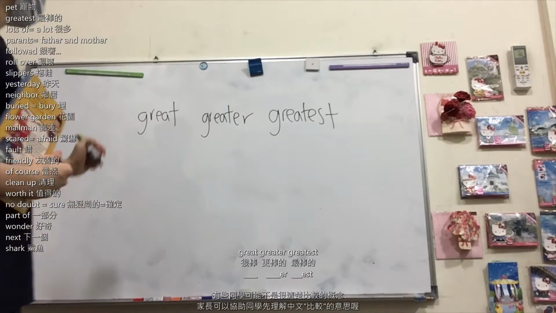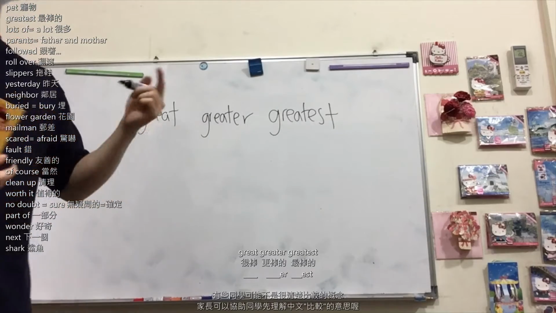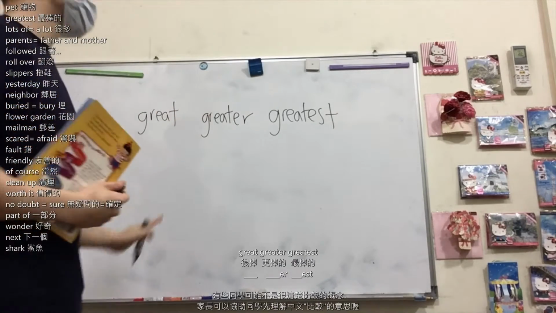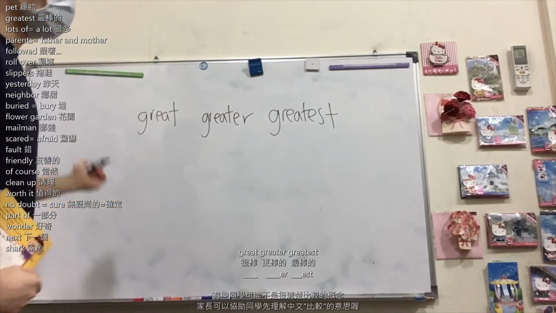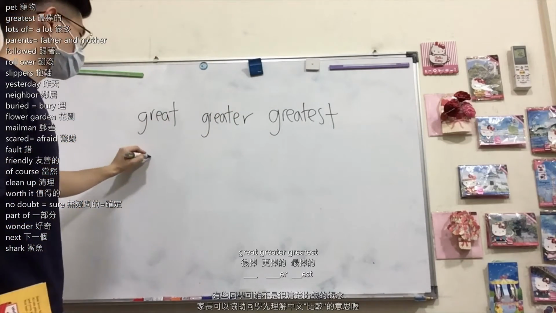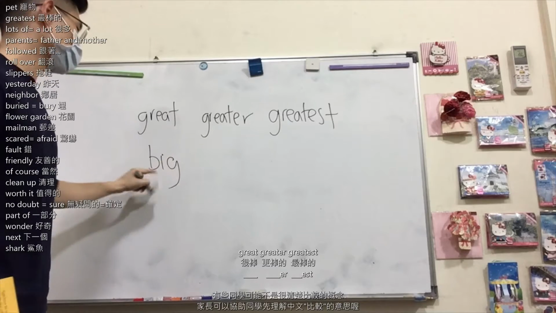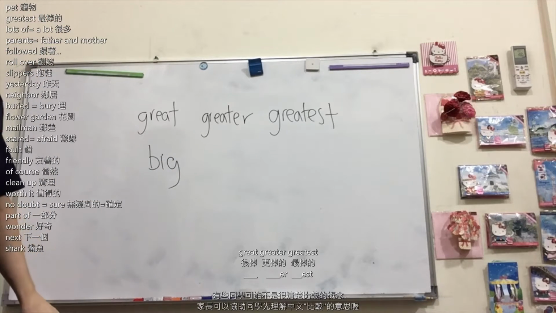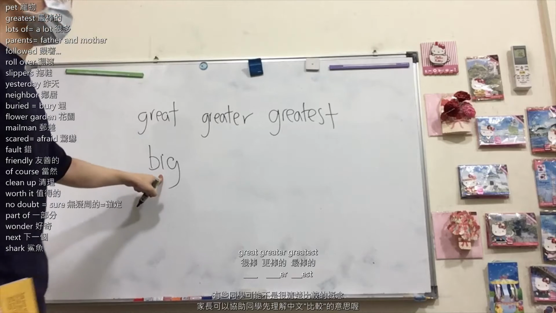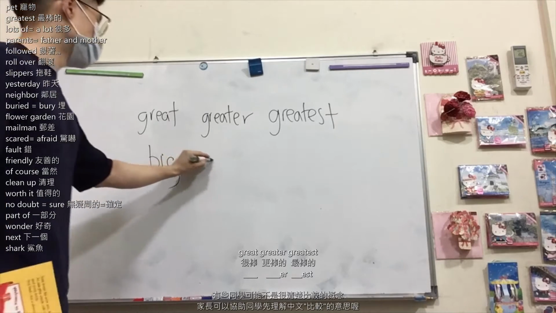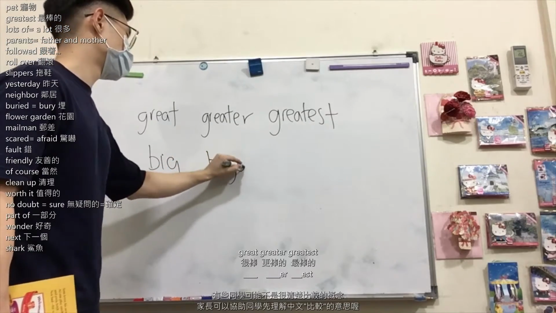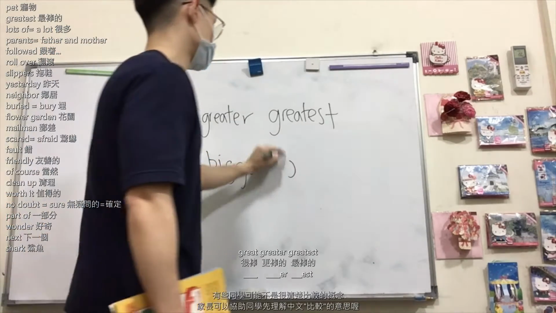I would like you to try to understand what I'm going to say next. I'll give you an example. We all know the meaning of big, B-I-G, big. How about this one? Bigger. And the last one, biggest.